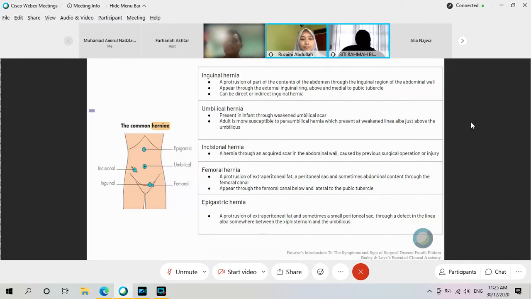We don't ask you to memorize, but at least when you're presenting, you put in the percentage so that we can see clearly whether this is common or not. If 1 or 2% incidence is considered common, then all diseases are common. So if you say it's common, you must know about epigastric hernia as much as you know about inguinal hernia.